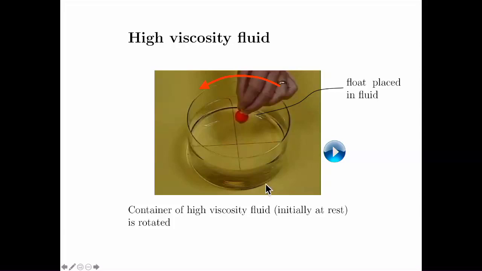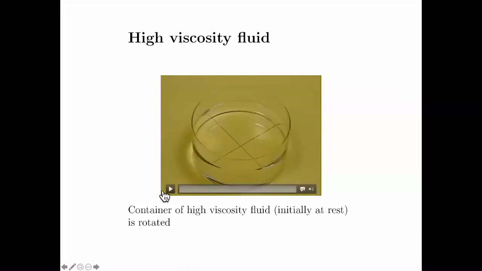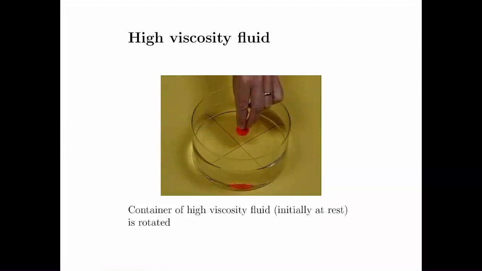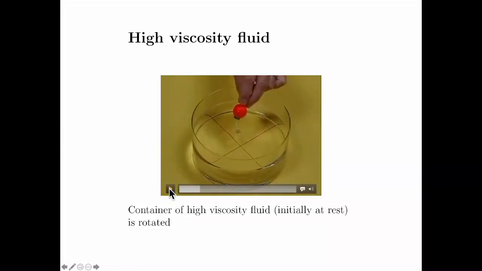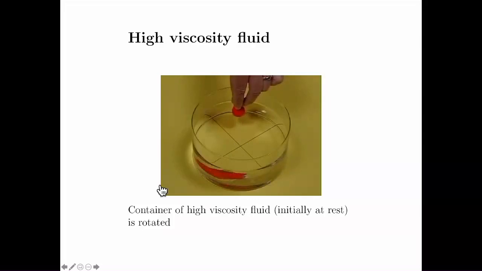This container is going to rotate anti-clockwise. You can see that he has dunked the float into the fluid, and you can see it's quite thick. It looks like some kind of honey or oil.